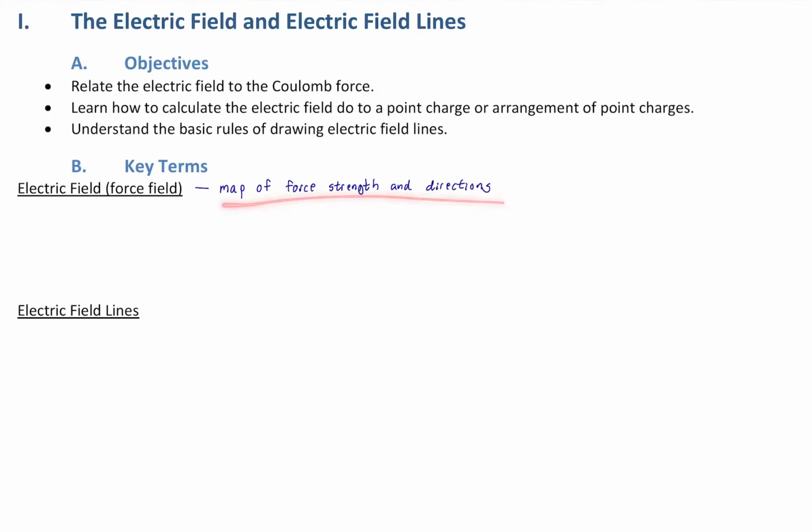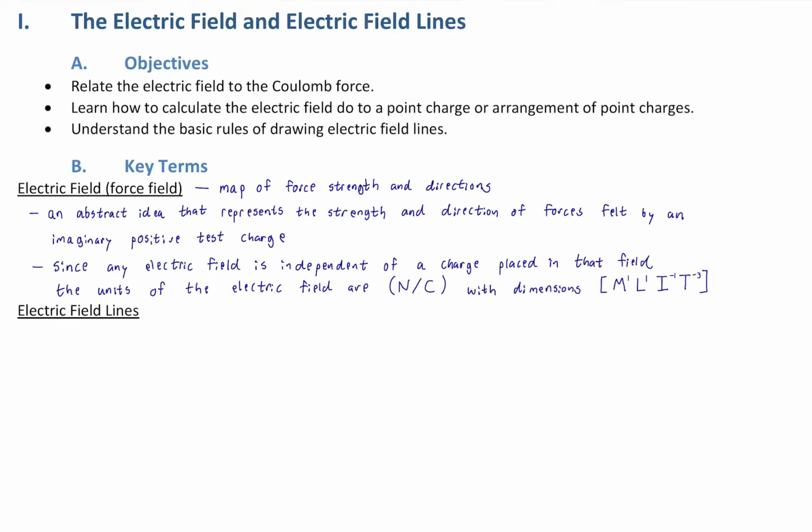It is a map of force strength and directions. So it tells you two things, strength and direction. It is a vector map. It is an abstract idea that represents the strength and direction of forces felt by an imaginary positive test charge. And as far as the positive part, that's because there are arrows drawn on the field lines, you'll see in just a moment.